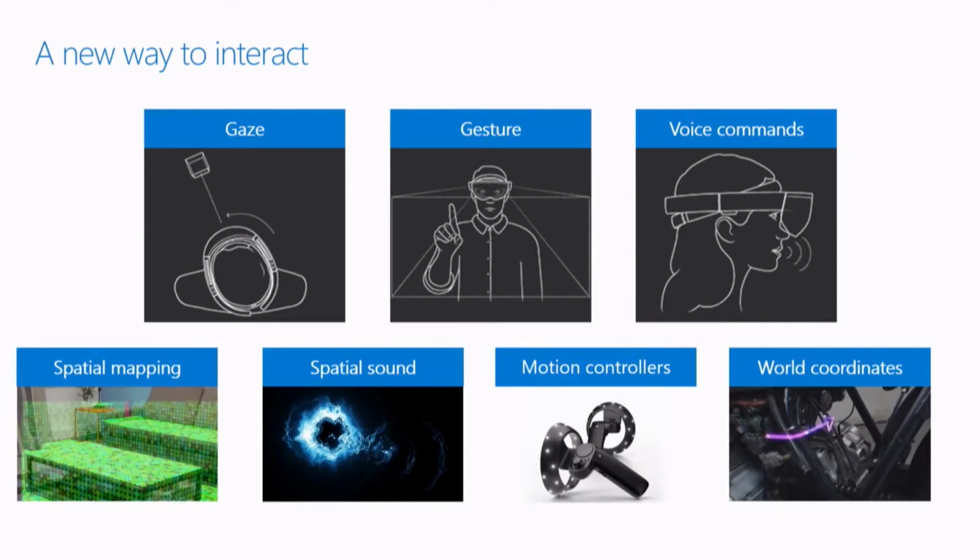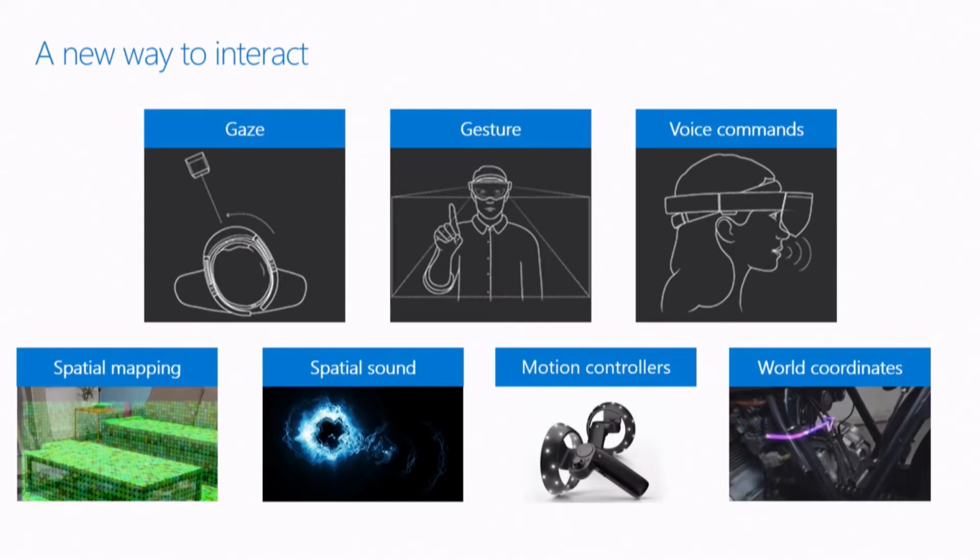So first of all, let's talk about gaze. Gaze is just the object is a simple point in your environment, and you will just understand where you are looking at.